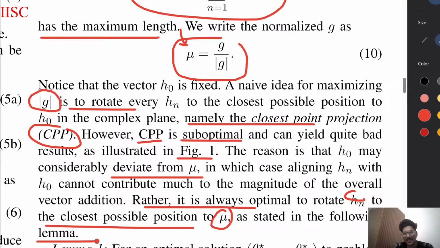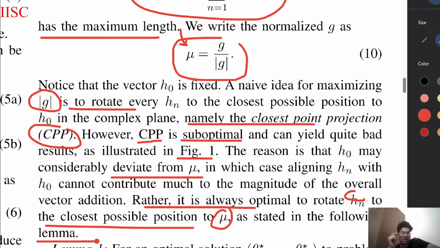We have noticed that h naught is fixed. A naive idea is to maximize the modulus of g, so we rotate all the h n to the closest position to h naught in the complex plane. This is known as the closest point projection, CPP, and it is suboptimal.